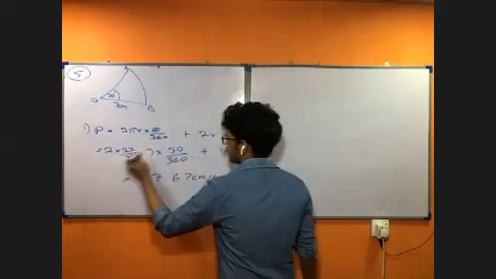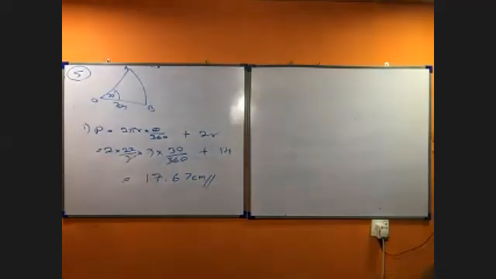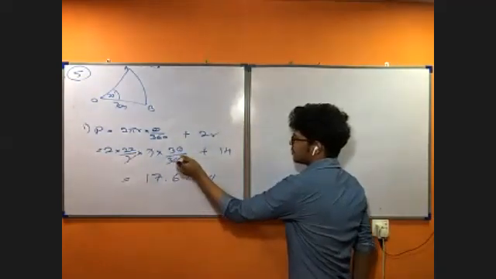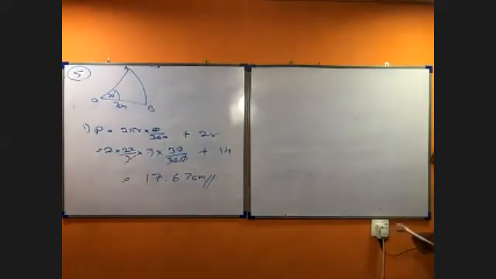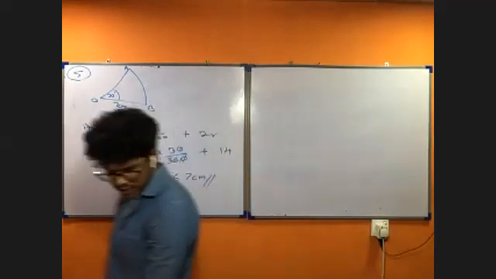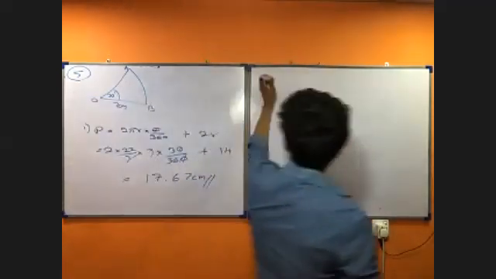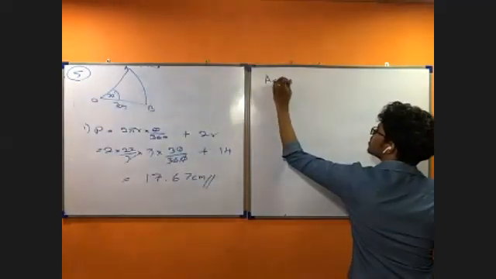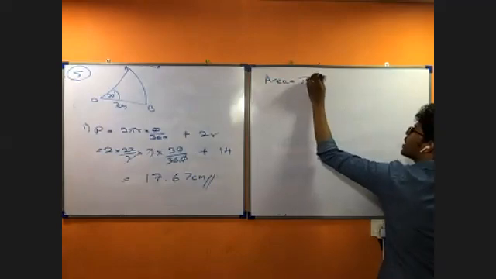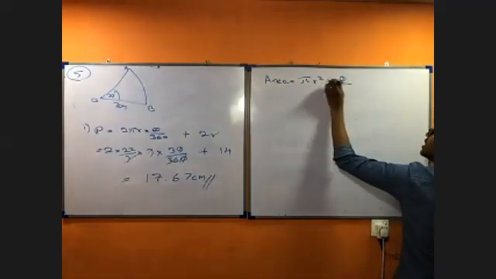So if you do the simplification, you can find the answer. Then also we need to find the area, right? Find the perimeter and the area. So area is also same. Area is equal to pi r squared multiplied by theta divided by 360.